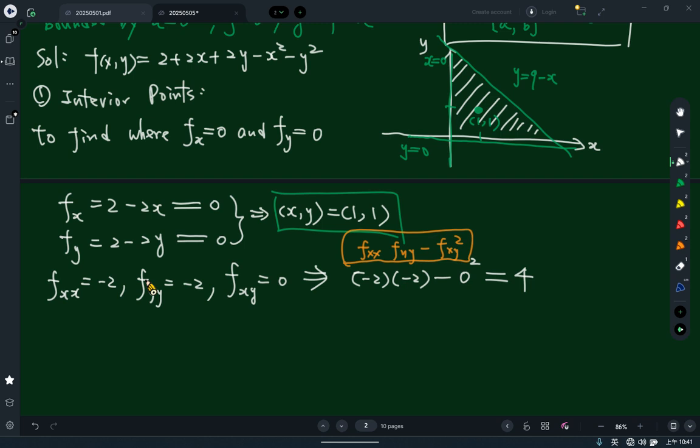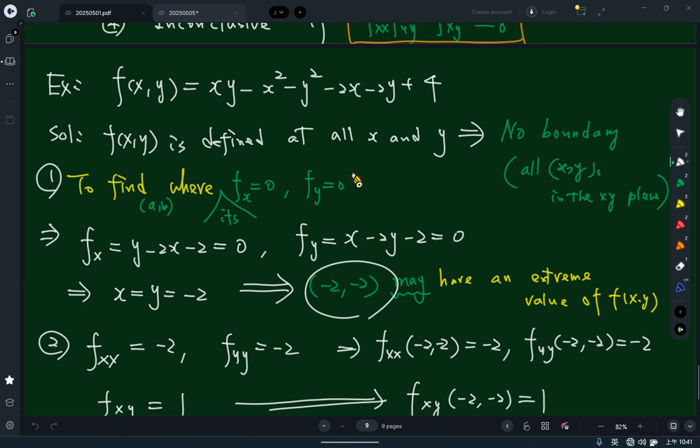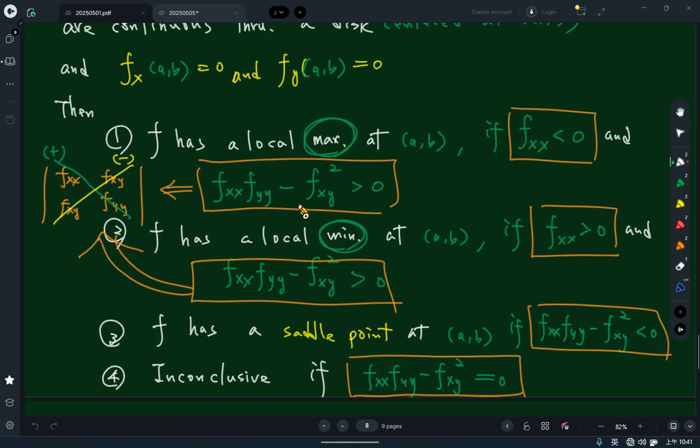4 means positive, right? We just remember that if positive, the condition will fall into case 1 or 2, right? Then we need to continue to check the second partial f partial x partial x, whether it is negative or positive.